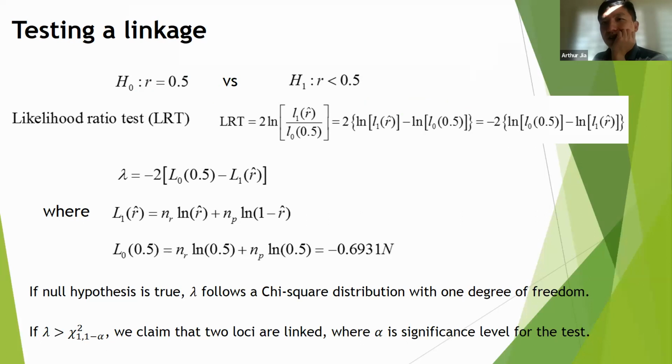All right, so for testing the linkage between any two loci, we usually use this test statistic. A test statistic is something that you can calculate from your sample. For example, if you are interested in testing the population mean, you take a sample from this population and calculate the sample mean, which you use to infer the population mean.